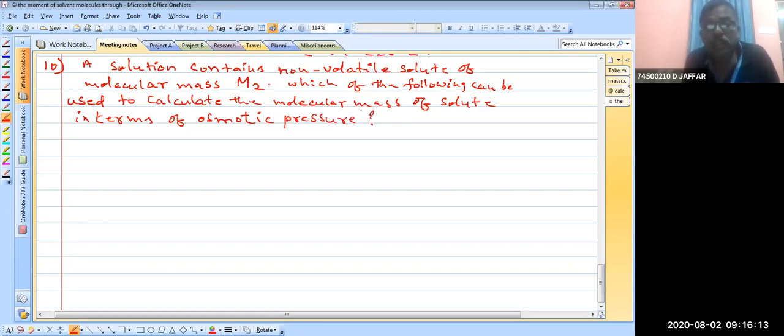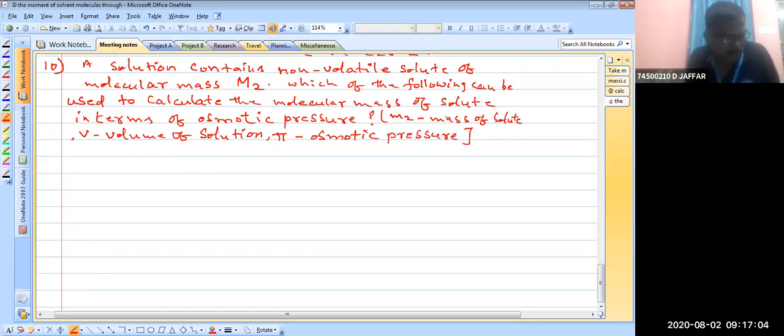Say within brackets, small m2 is the mass of solute, V is the volume of solution, and π is the osmotic pressure.